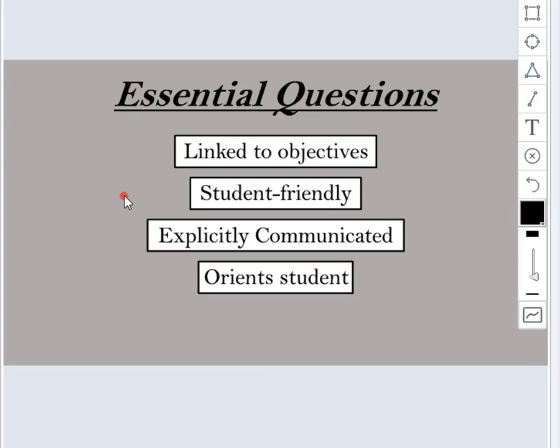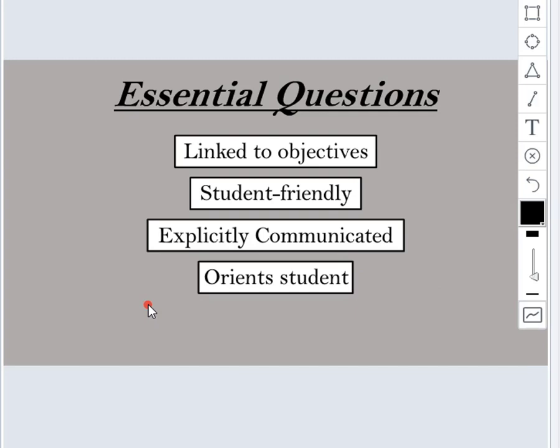It's a way to focus your student and orient the student to the topic of the lesson, and as they're moving throughout the lesson, it helps them focus on the big picture and how all the little things being presented to them fit into the bigger picture, right?